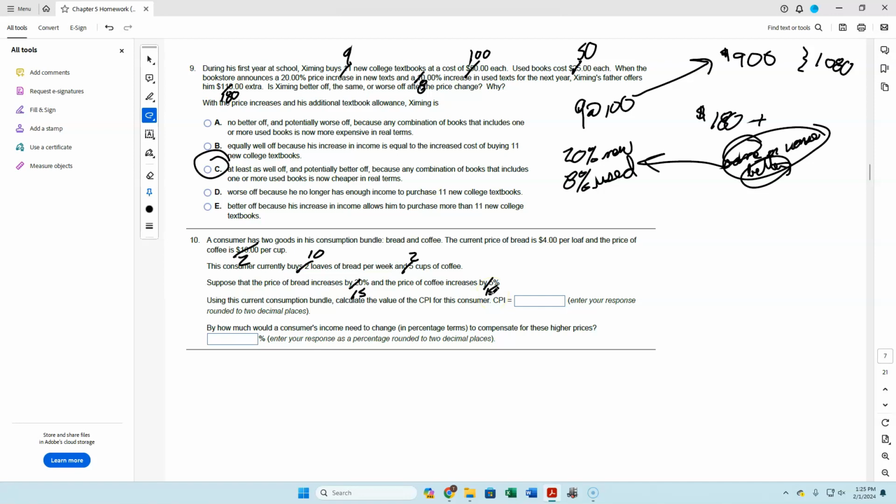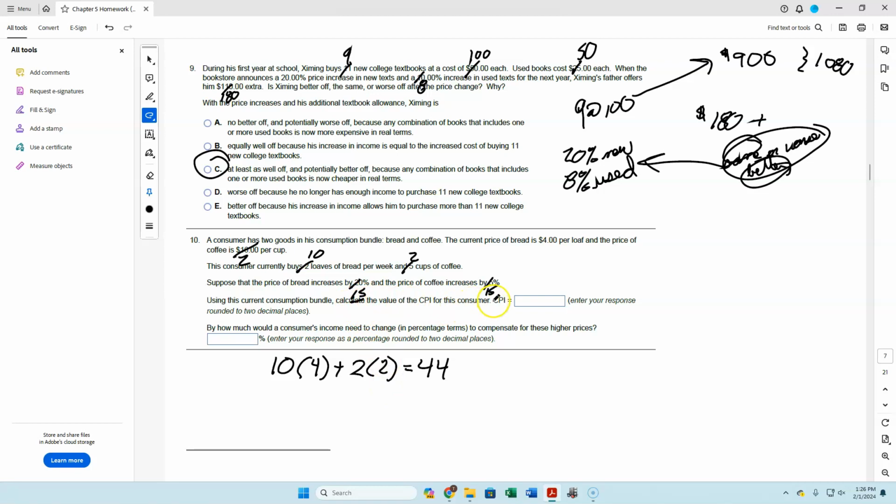Again, I'm just adjusting it to make it so that it's the same as mine here. So if he bought 10 and 2, what would his budget be? He would be spending 10 times 4 plus 2 times 2, which would have given him $44.